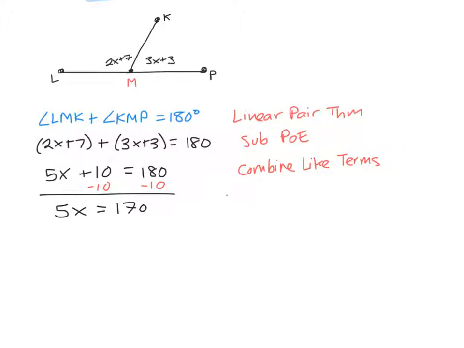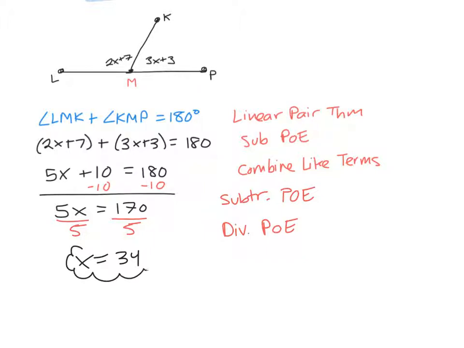And again, subtraction property of equality. And last, we'll divide each side by 5. And we get x equals 34, which would be the division property of equality.